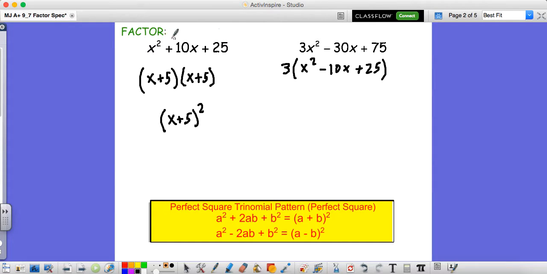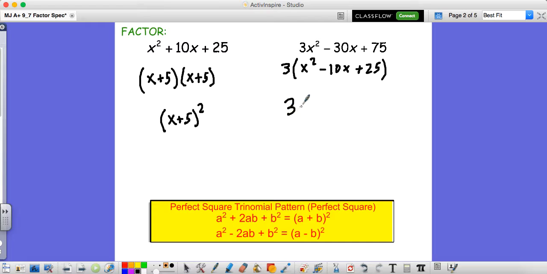Now this looks fairly similar to what we had here, only now we have minus 10x. So using our special pattern, we can notice that our a value is just x. If our a value is x, our b value must be negative 5. And that would work over here too, because negative 5 times negative 5 is going to give you 25.